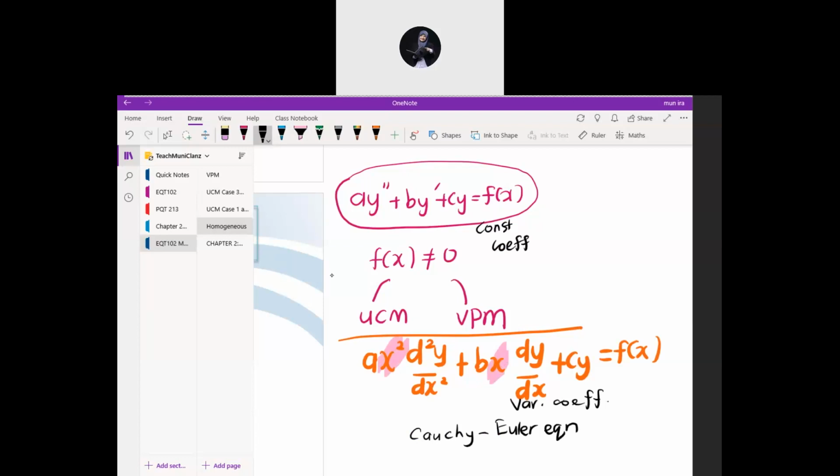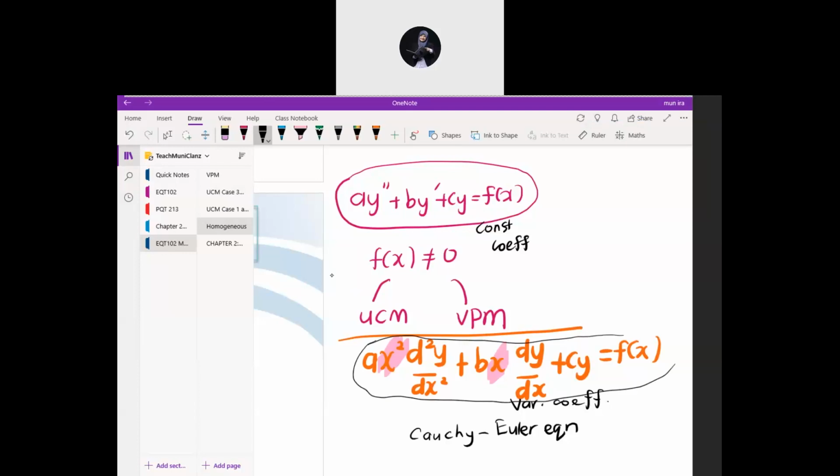If you look at the notes and my video, I told you this Cauchy-Euler equation cannot be solved by using UCM and VPM. Why? This is a true or false question: can the Cauchy-Euler equation be solved by using UCM and VPM? The answer is, if you have this kind of equation, we cannot solve it by UCM and VPM.